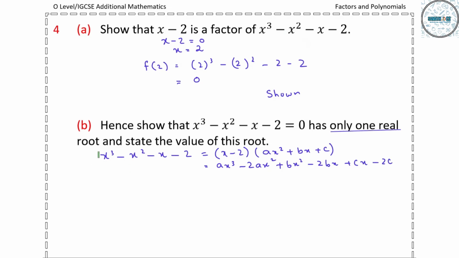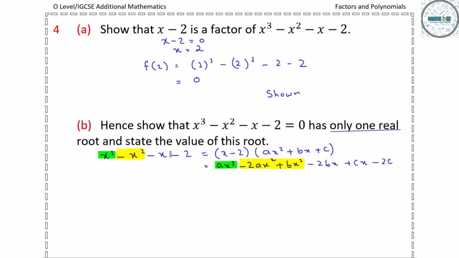Now we have to equate x cubed terms, then terms in x squared. We have here minus x squared, and on this side we have minus 2ax squared plus bx squared.